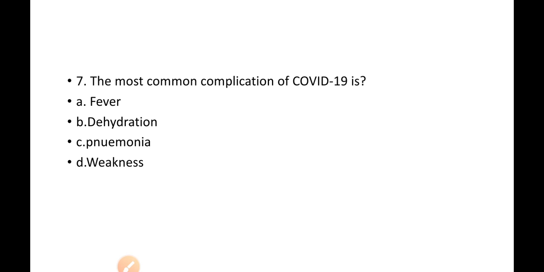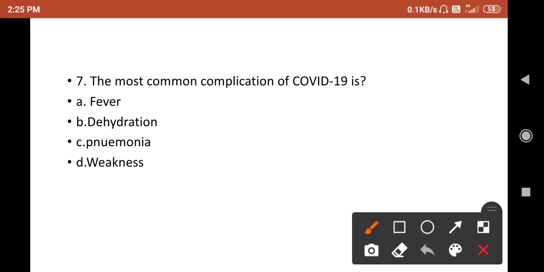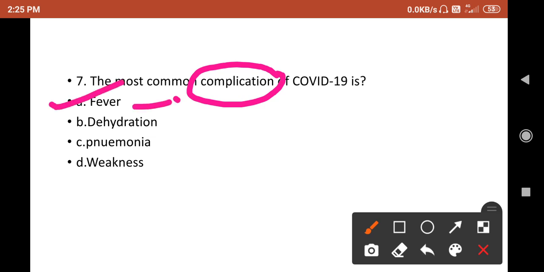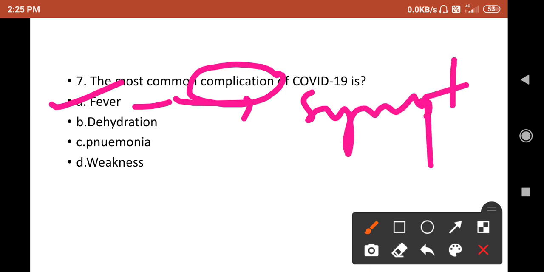So next up, question number 7: the most common complication of COVID-19 is. One should read the question properly so that they can answer accurately. The question is clear, it is about complication. Option A, fever, is a symptom of COVID, not a complication.